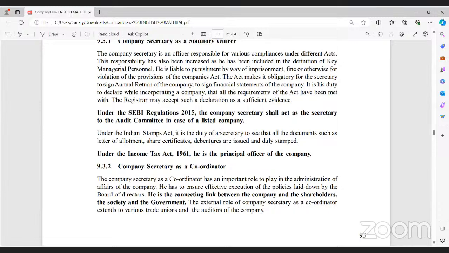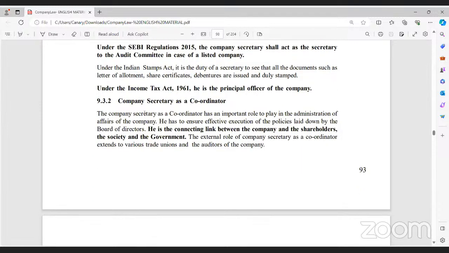So at the time of listing of a company, following the SEBI regulations is also the responsibility of a company secretary. Means all the documents required for the issue or allotment of shares, debentures, whatever, have to be taken care of by this person only. Next, what we said?